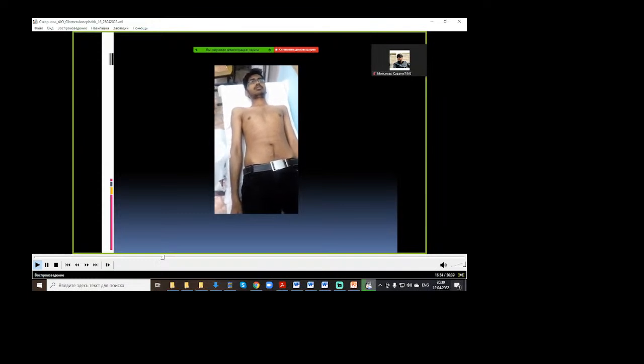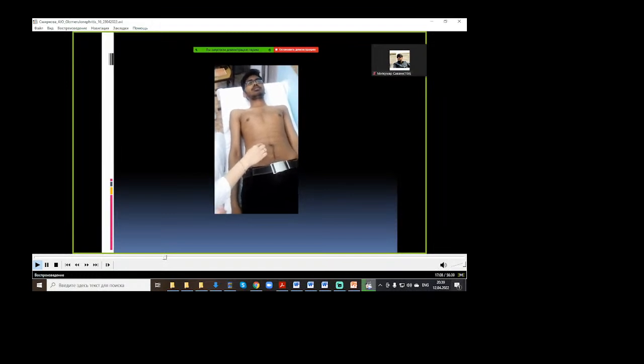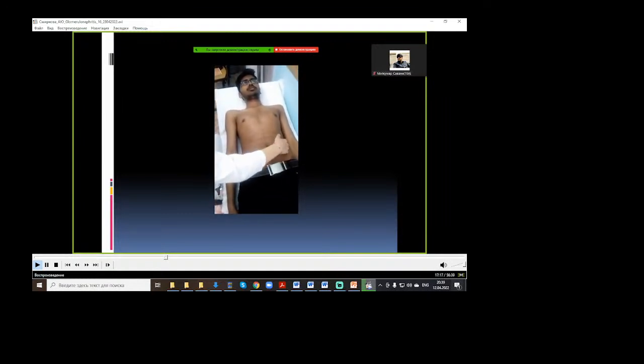Auscultation of the kidneys, of the renal arteries and aorta. Auscultation we may perform at the anterior side and from the back. Anterior, the points of auscultation of renal arteries: we find the musculus rectus abdominis, right and left, and at the level of the umbilicus here will be the points.